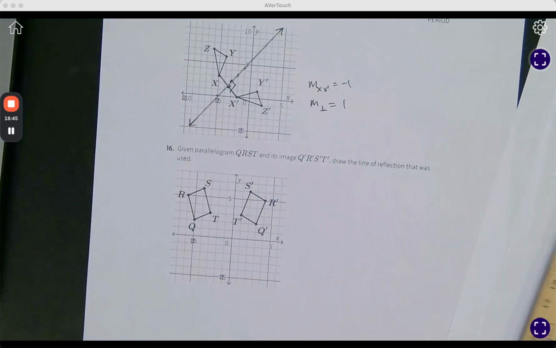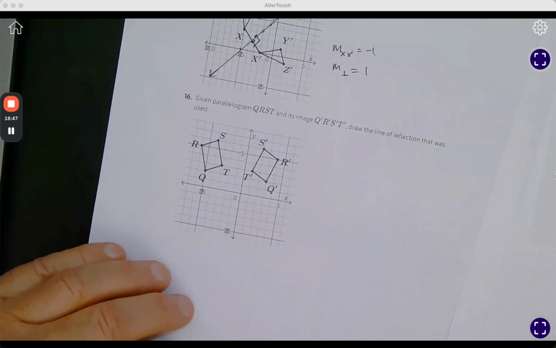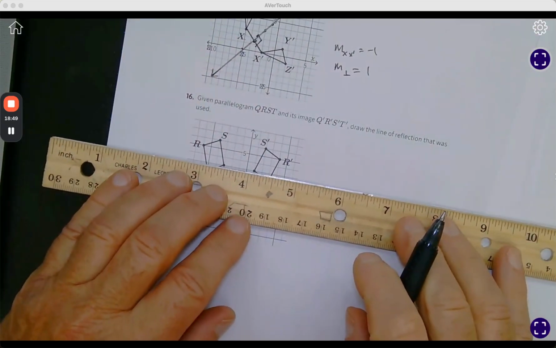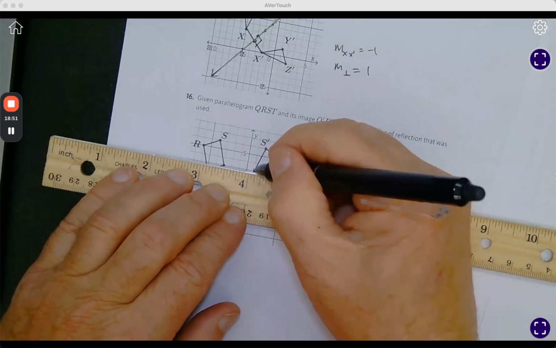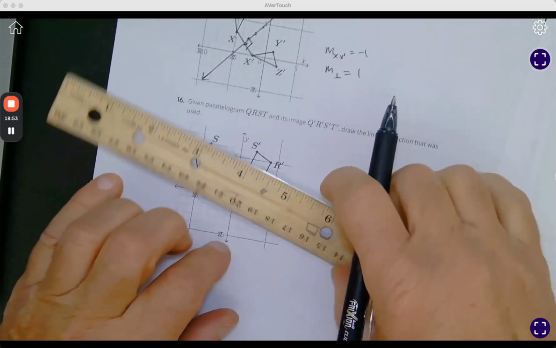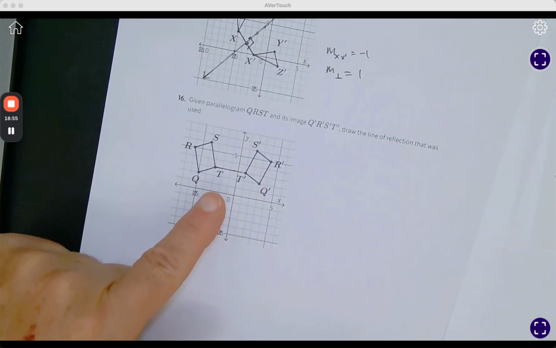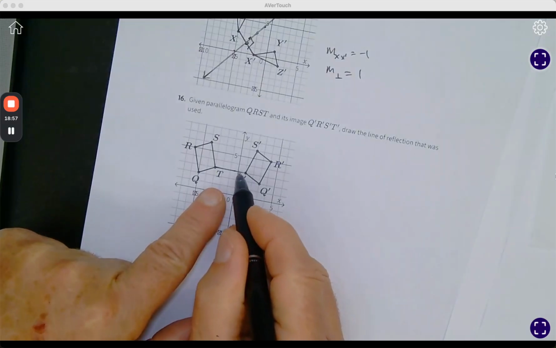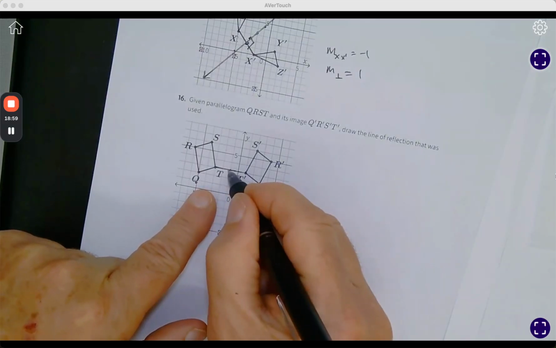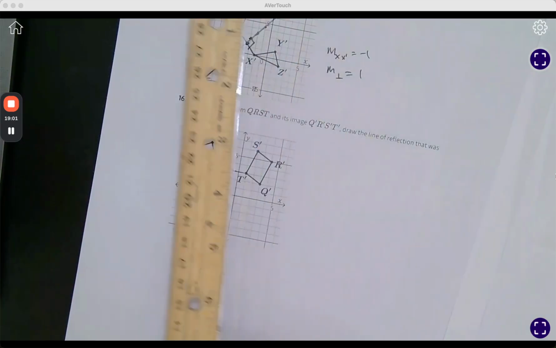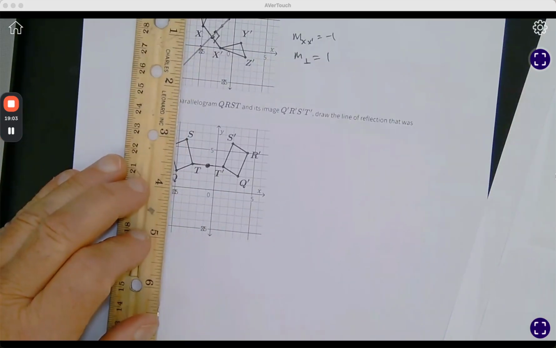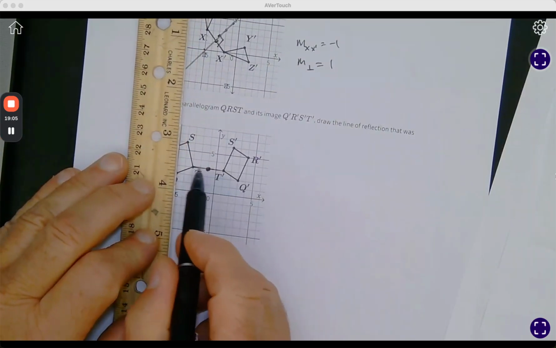Woo! That's beautiful. Okay, let's do it again. I'm going to draw T to T prime. Now I'm going to find the midpoint: 1, 2, 3, 4. Right there is the midpoint. This one is money, because the slope of that is 0.